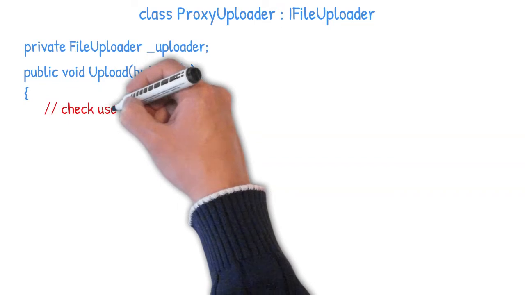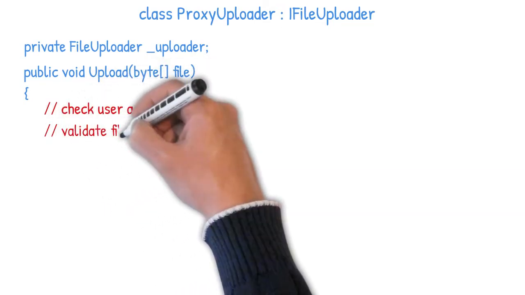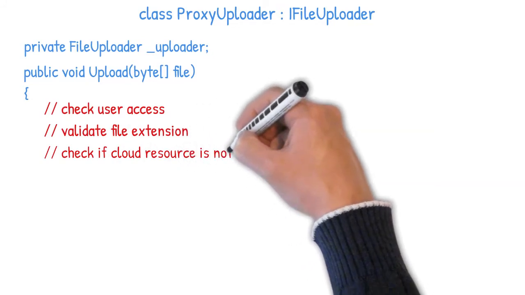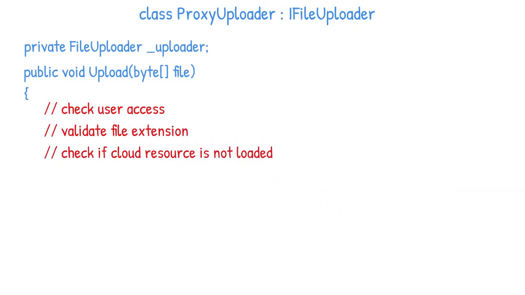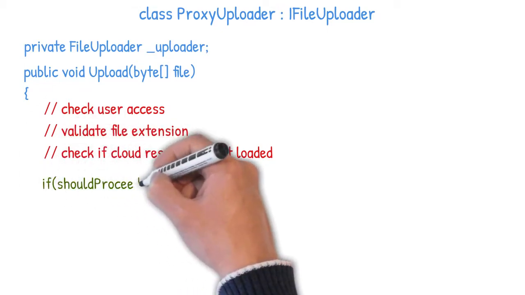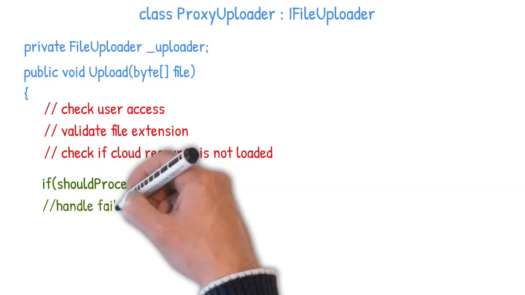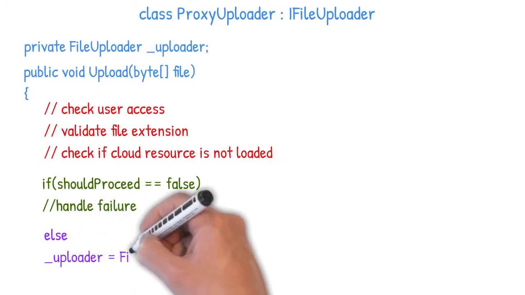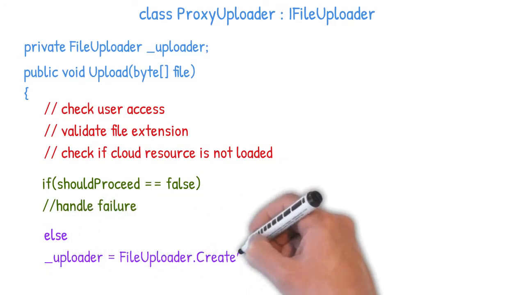Now this proxy uploader class can perform multiple types of checks, like if the user has access, or validate the file extensions, or check if the cloud resource is available or not. With respect to these checks, it can now decide to either handle a failure or instantiate the file uploader resource and upload the file.